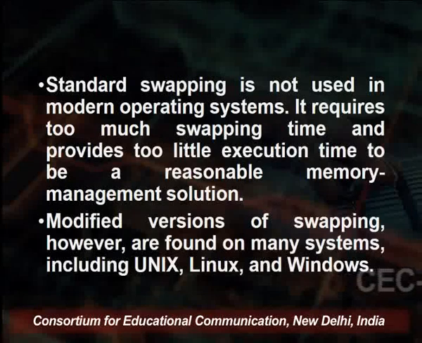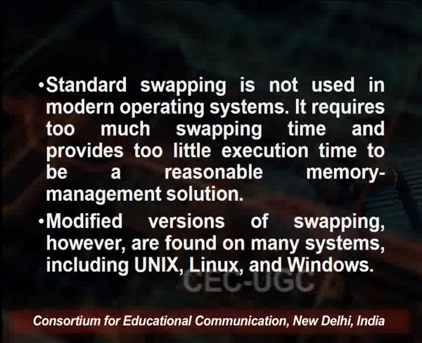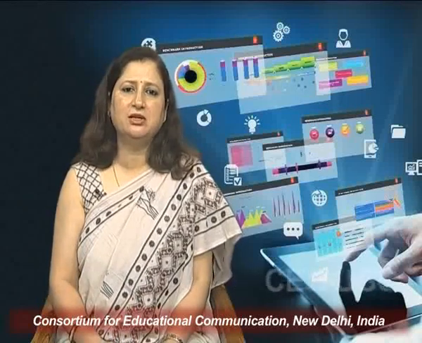Now we have modified versions of swapping which are used in different systems like Unix, Linux and Windows. We have a more dynamic way in which the swapping function works, and there are different variations of it.